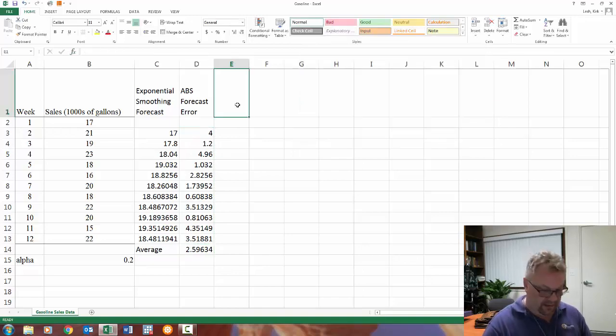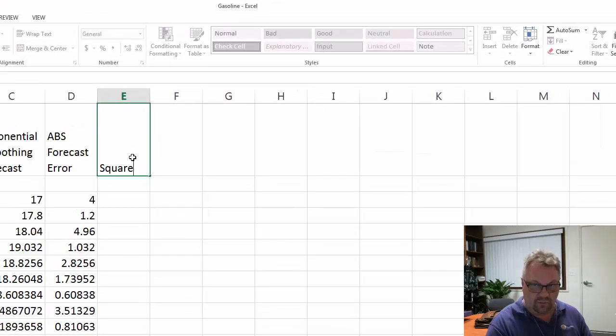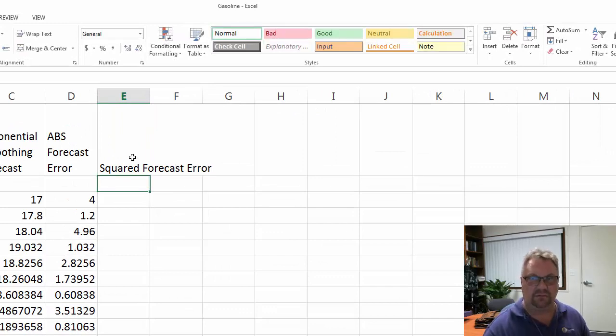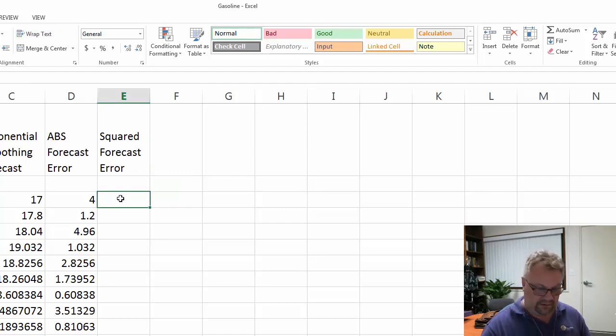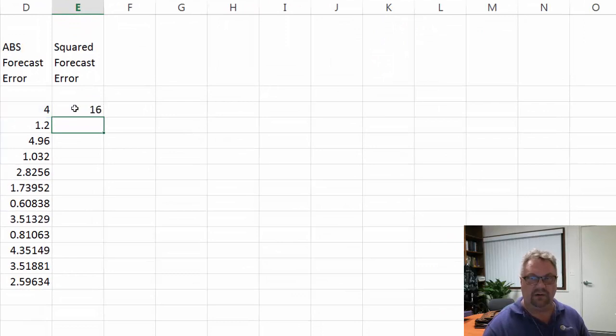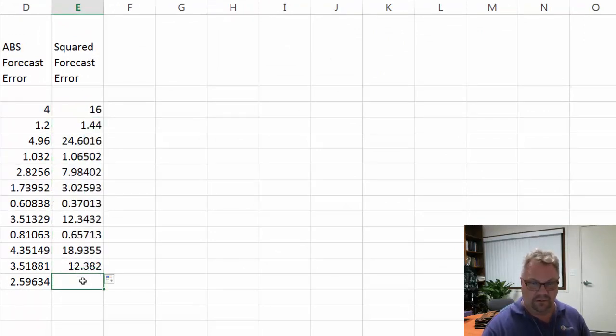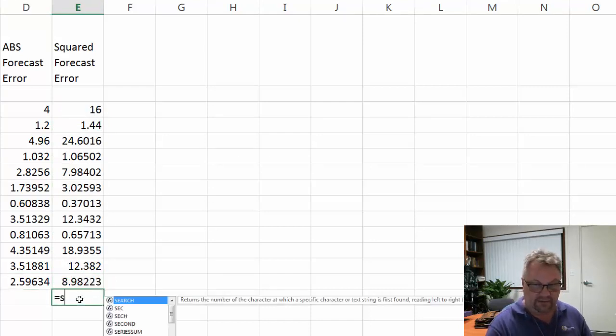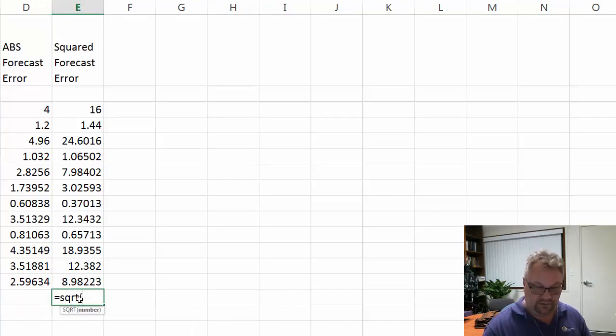Voila. And then I have my squared forecast error. So that equals this number squared. And then, same thing, take the average. And yes, as always, I like to take the square root of that.